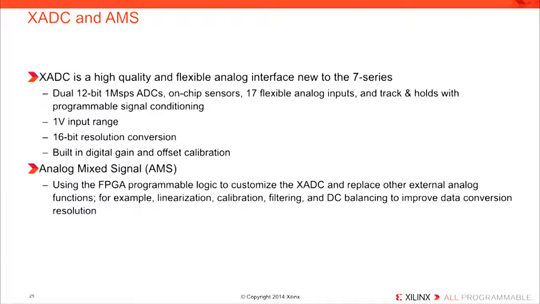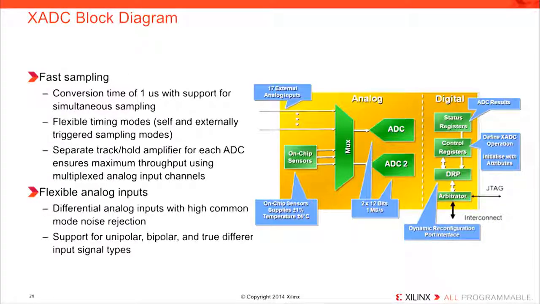Okay. So, here is the block diagram where it shows that you have 2 A to D converters, you have multiplexers, you have on-chip sensors, and you have 17 external analog inputs. So, one can, in the design environment, check: are my voltages to various banks, internal voltage, going out of range? Is it getting too hot, or has the voltage dropped?